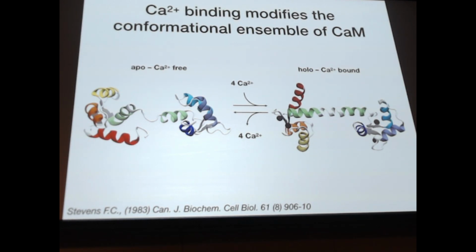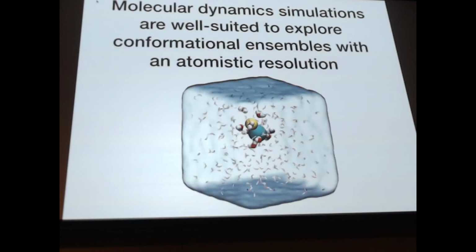But of course, this is just a static view upon resolution of a crystal structure. And in fact, the protein actually samples quite a large landscape when it carries out its function.